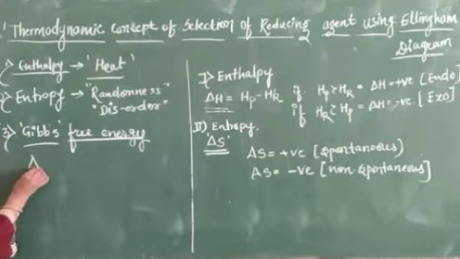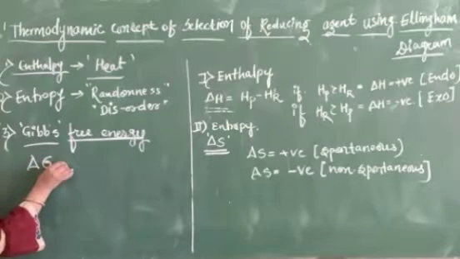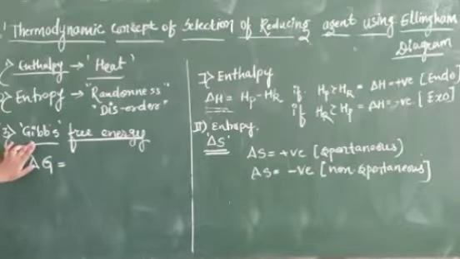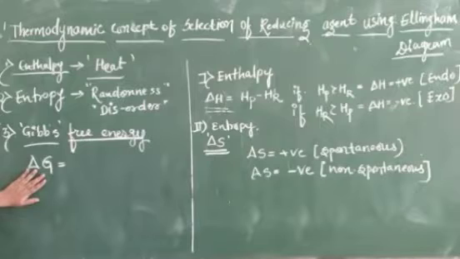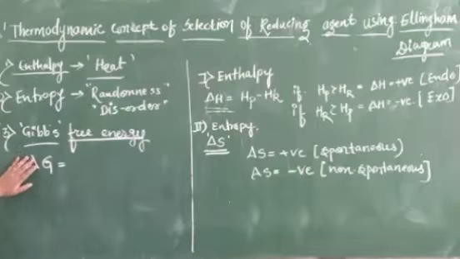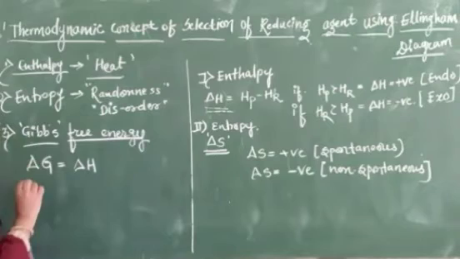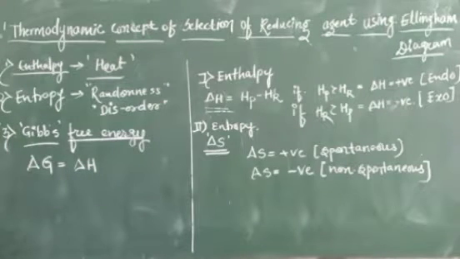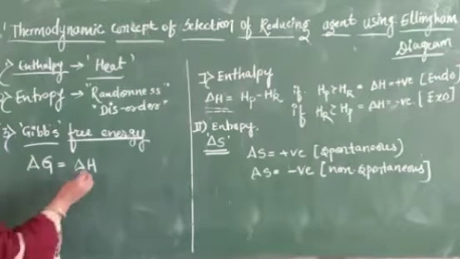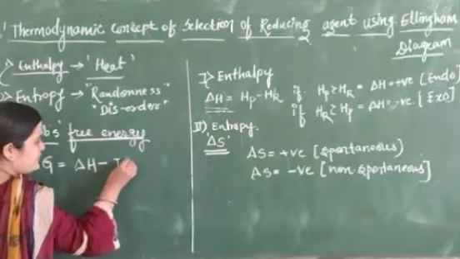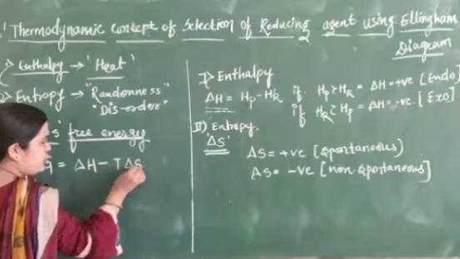Here it is denoted by the letter delta G. Gibbs free energy is the difference between the total enthalpy of the system and the product of absolute temperature and entropy.